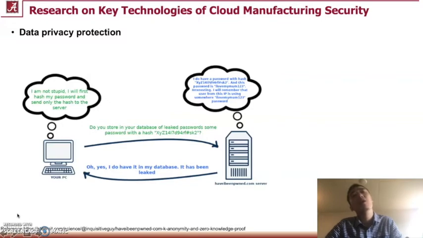The fourth one is data provenance protection. Data provenance protection in the cloud involves every stage of the data life cycle.